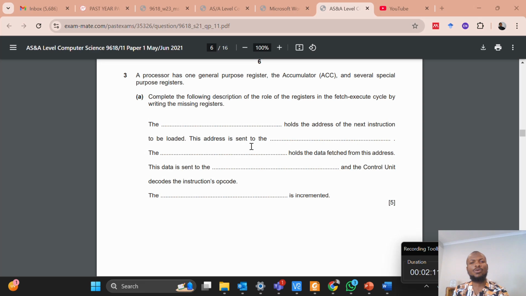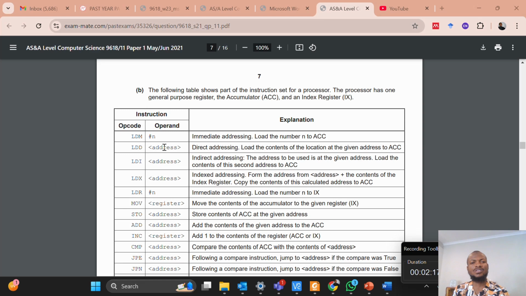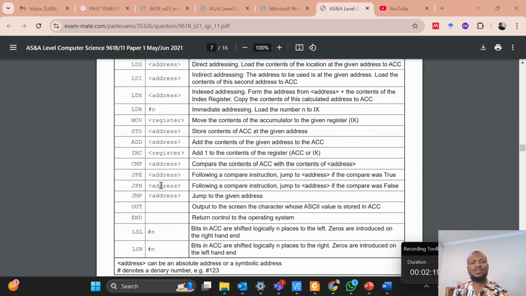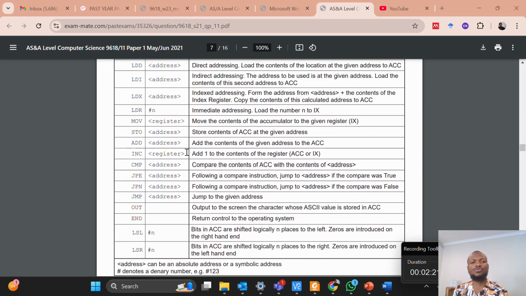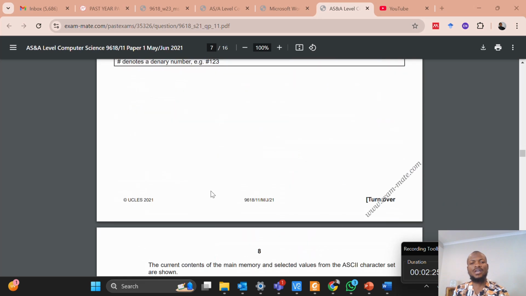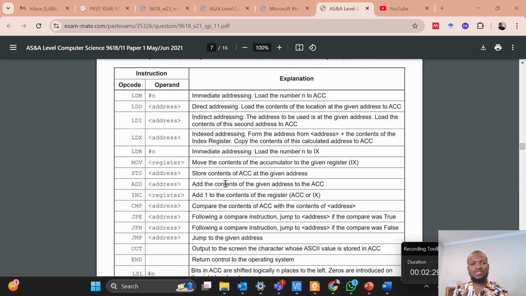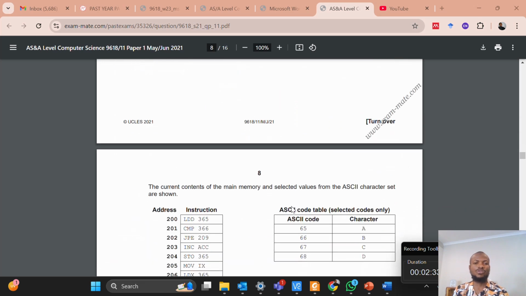That will enable you to solve question 3A. Once you understand that, use this table to answer the question, and that is exactly what I will do now. So please sit tight and give me your attention so you understand.